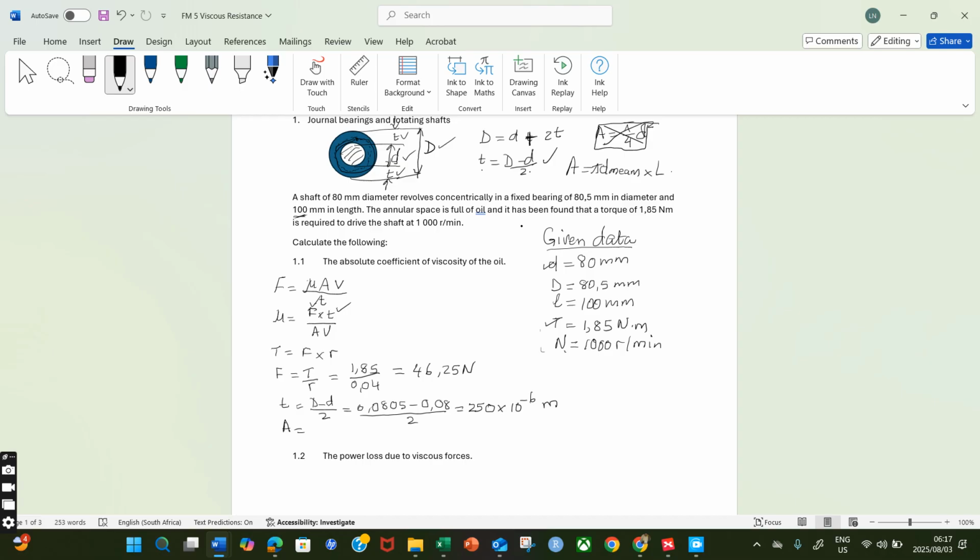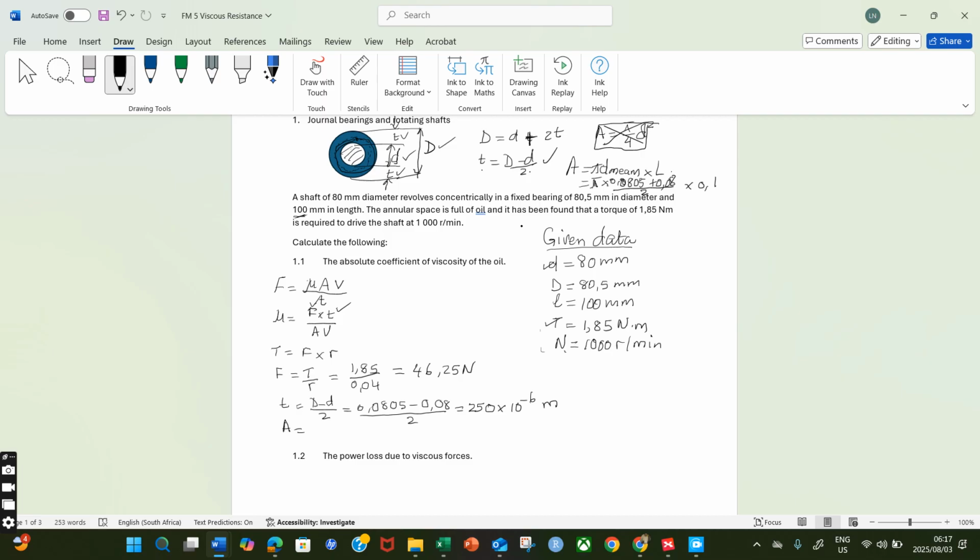So we'll say area in this case is pi multiplied by d mean, which will be the sum of 0.0805 plus 0.08, then we divide this by 2. Then we multiply by the length, which is 0.1.